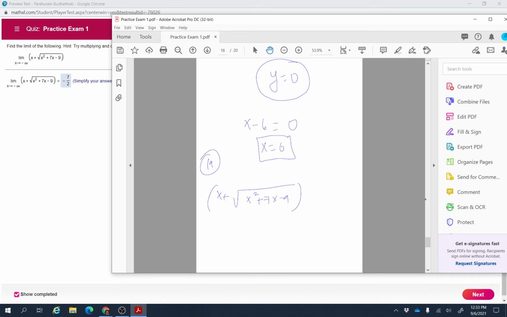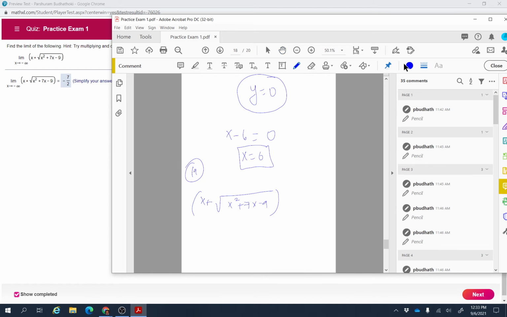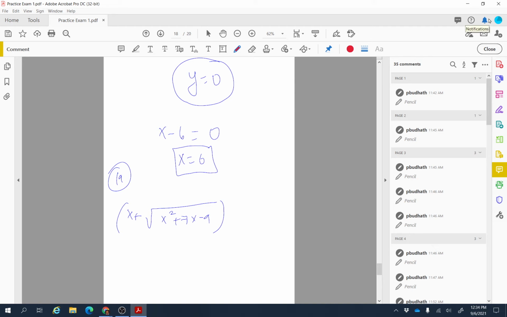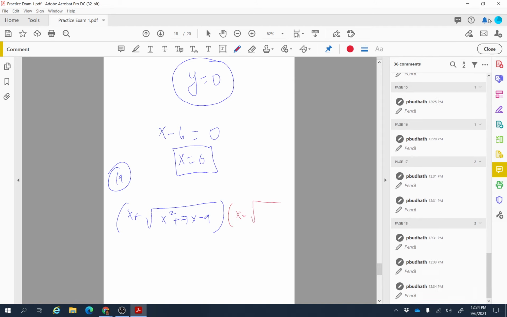If I multiply this by its conjugate, meaning same terms but different sign, which is x minus the square root of x squared plus 7x minus 9, I also have to multiply the denominator by the same thing.